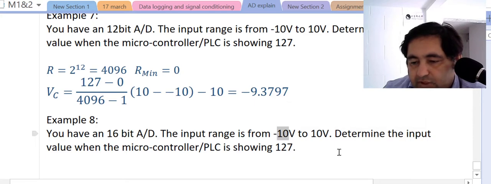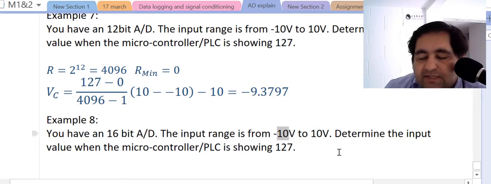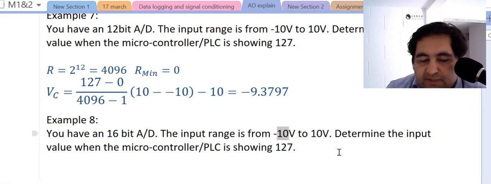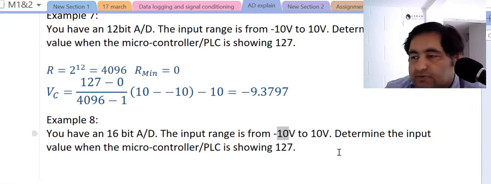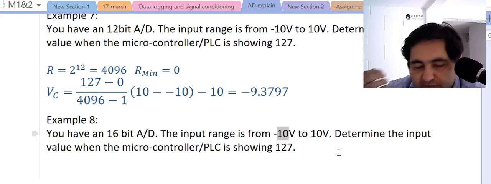Now, it doesn't always have to be the voltage. It can be even the temperature, the input range, because the sensor has this input range, and then the input range goes to the voltage and then goes to the temperature.